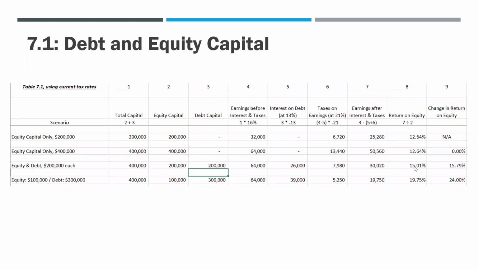Because the return on equity is going to be our earnings after interest and taxes divided by the equity capital, not just the debt capital. So that's why if you have more debt, you have less equity. So the bottom portion of your formula is going to be a lower number. That's the reason why your ROE keeps looking better, even though this company is taking on more debt.